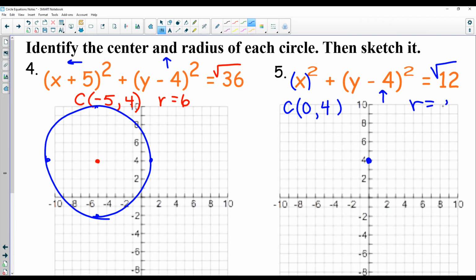The square root of 12 is just about 3.5. So 3.5 and 2.5 in all directions. Now you can't really count that diagonally. We can count exact units to get there. Okay. Draw a circle. Keep going. And have fun with your circles.